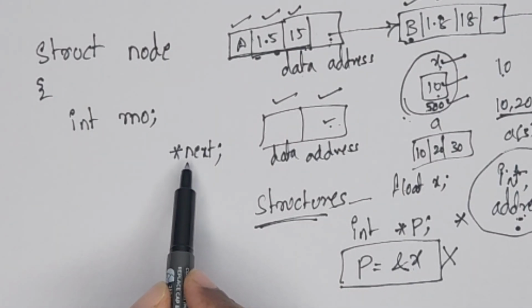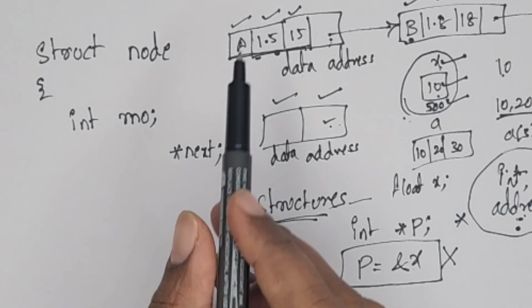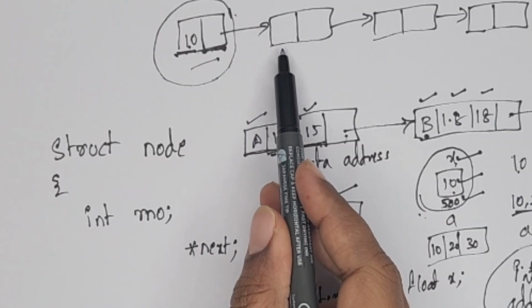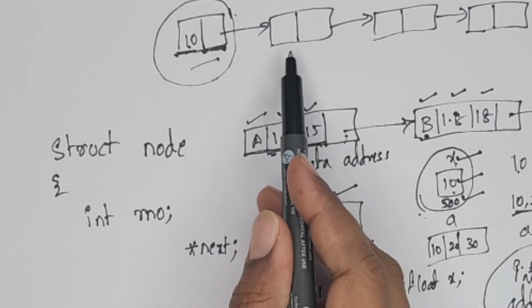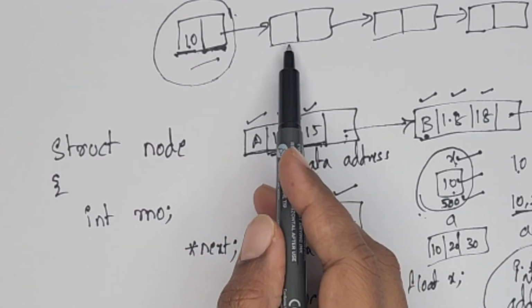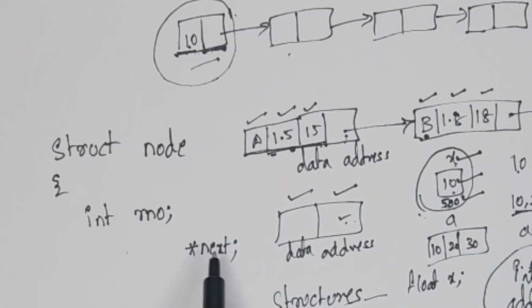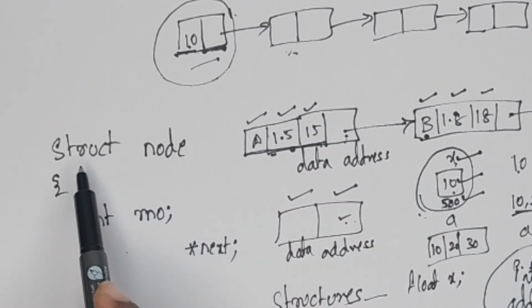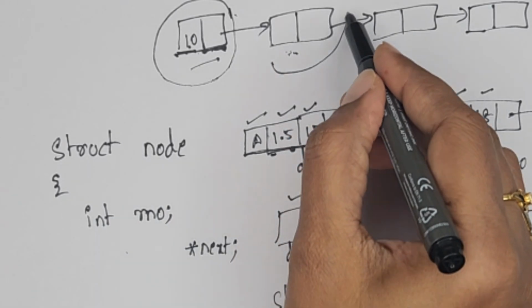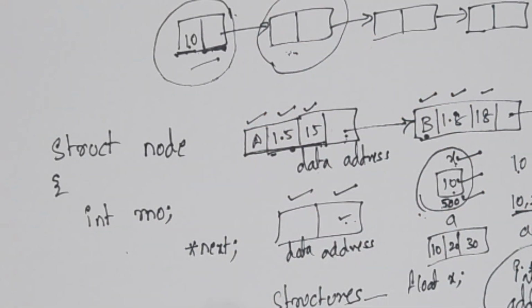Now, come back to this one. In the next pointer, we have to store the address of the next node. What is the type of the node? If the node were an integer, I could declare int next. But what is the type of this node? Node is of type structure, a collection of different elements.